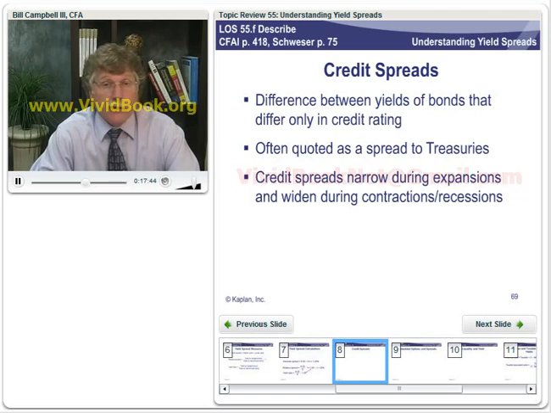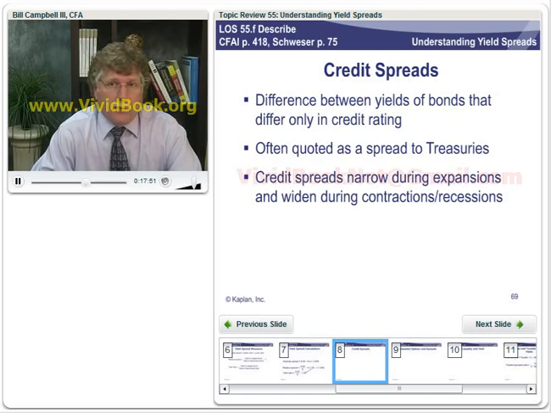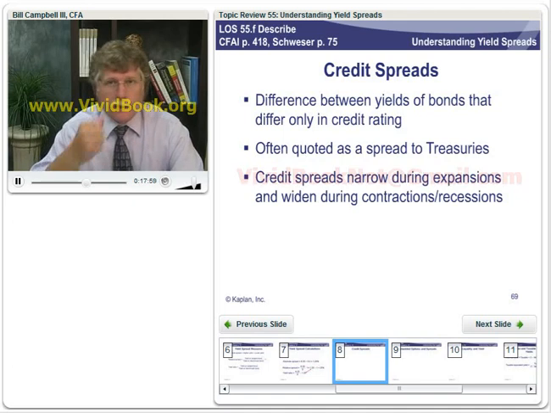Everything else is considered exactly the same. The coupon rate and the payment schedule are the same. It's simply a difference in the credit rating that causes the difference in the yield.